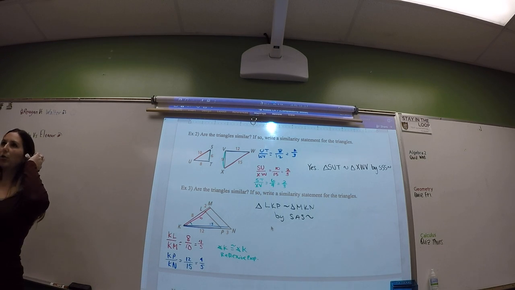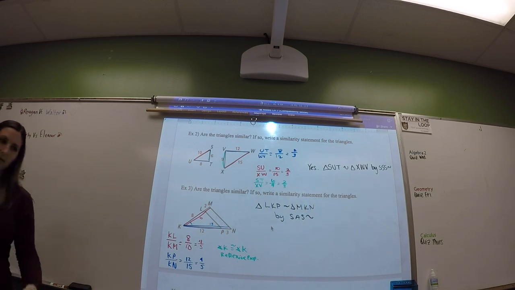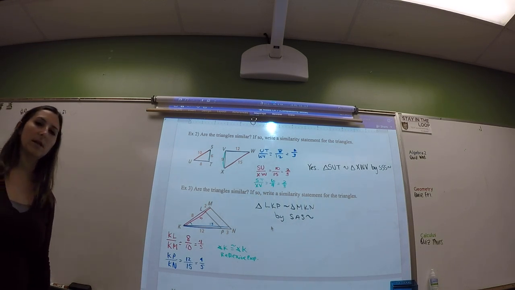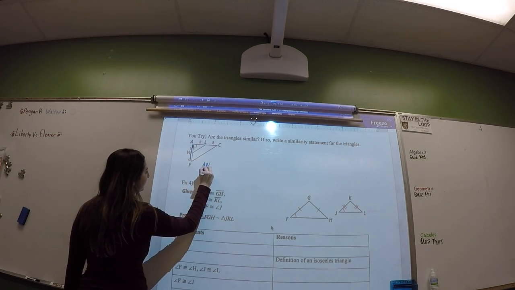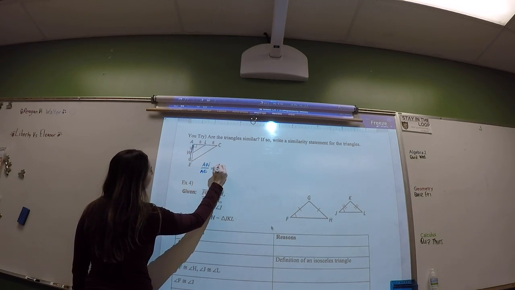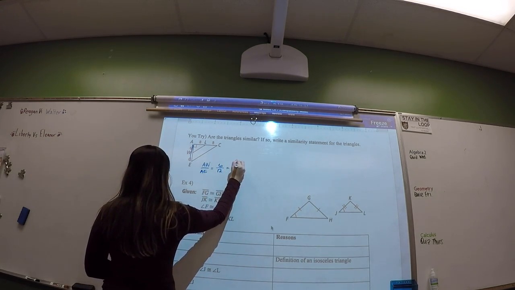So basically, you want to either show 2 angles, side-angle-side, or 3 sides. In this next one, AE is equal to 6 over 12, because we're talking about the whole thing, which simplifies to 1/2.